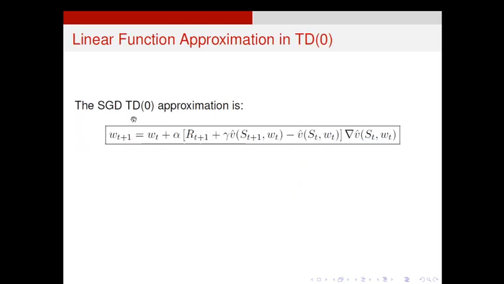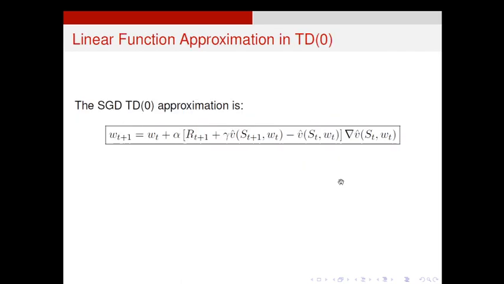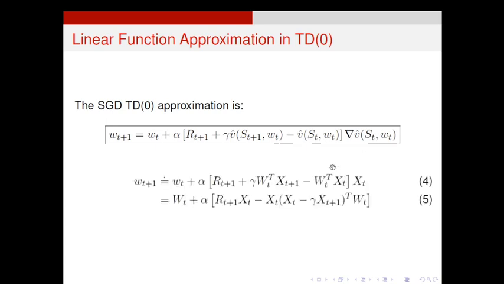In SGD TD0 approximation, the difference is that this Ut will be replaced by our temporal difference target, and X of t is the feature vector. Thus Ut is replaced by Rt plus 1 plus gamma into V cap of St plus 1 comma Wt, minus V cap of St comma Wt, into the gradient of V cap of St comma Wt. Now replace this gradient of V cap of St comma Wt by our feature vector X of t.